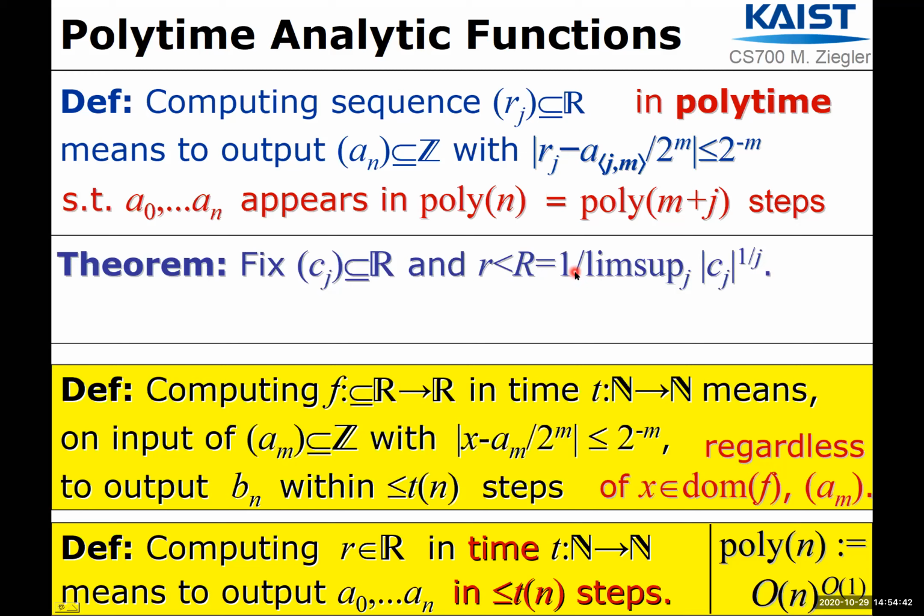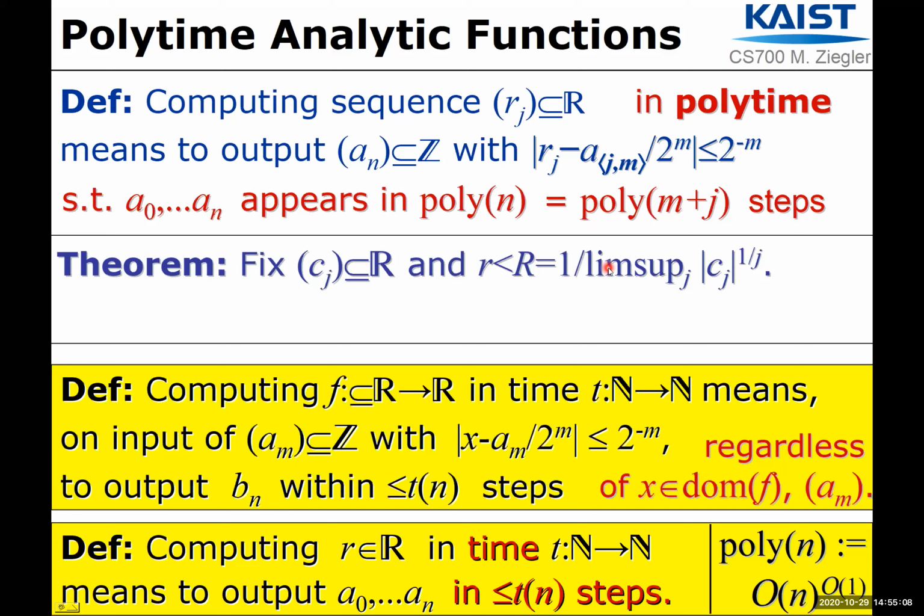So the complex open disk around zero where this power series is guaranteed to converge, and somewhere on the boundary of that disk it will diverge. Now we go strictly inside of that disk, so we fix an arbitrary small r which is strictly smaller than capital R.